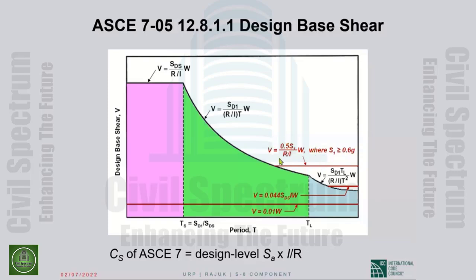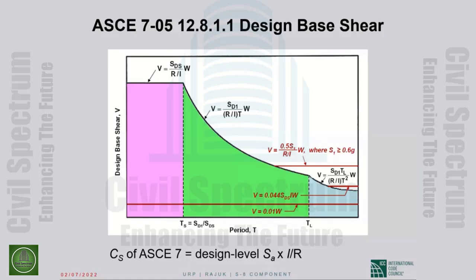And there we have the second minimum, 0.5 S sub 1 divided by R over I, multiplied by W. Okay, where both of those minimum values apply, you have to use both. Obviously the larger minimum will control. Where both apply, the higher minimum will control.